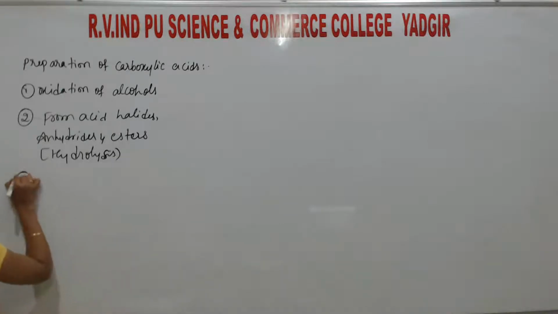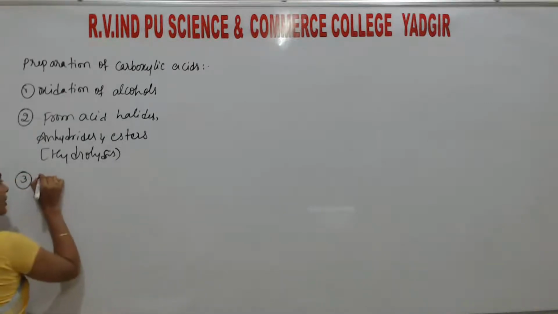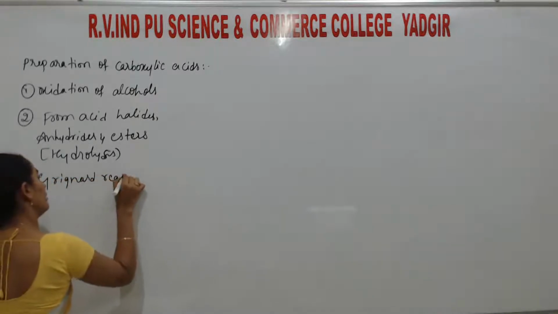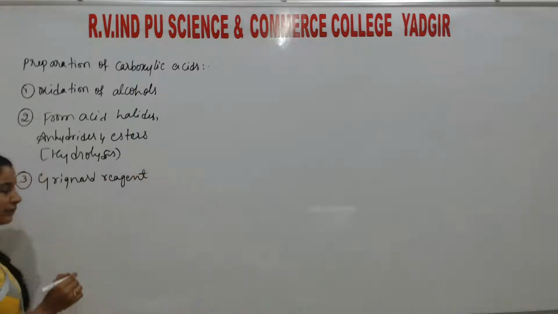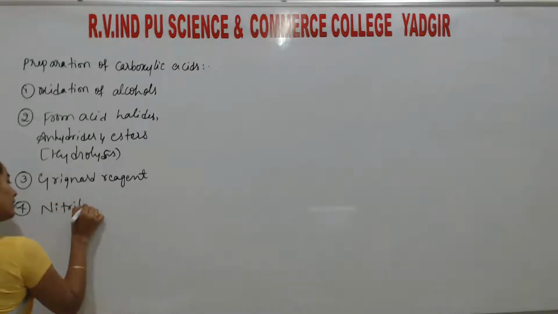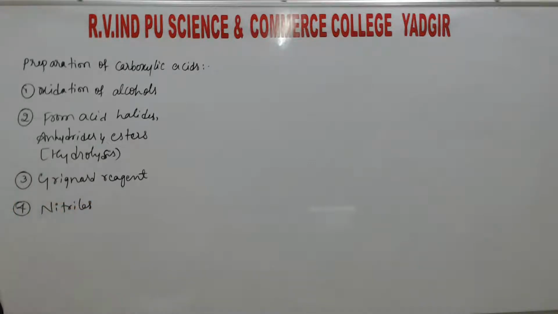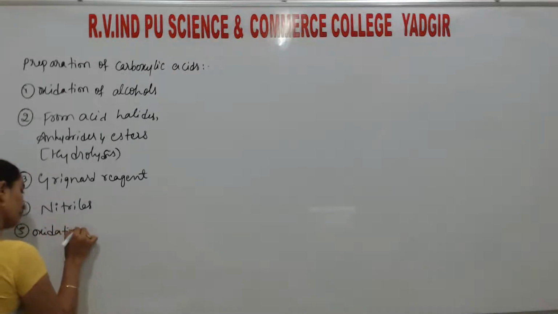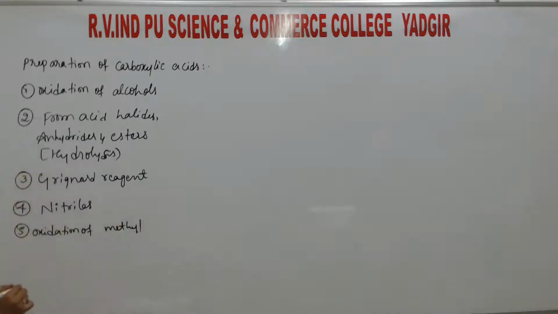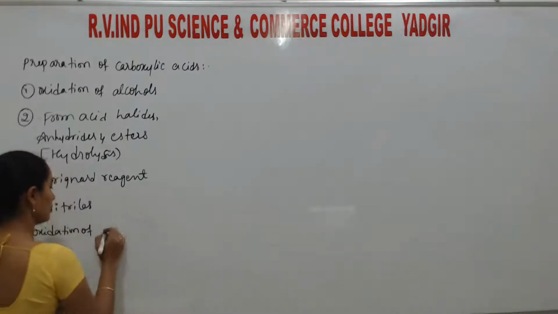And the third one is from Grignard reagent. The fourth one is from nitriles. Next, oxidation of alkyl benzene.